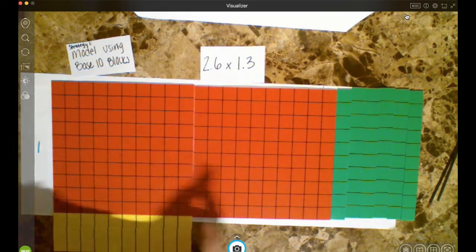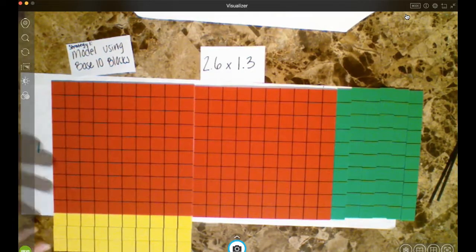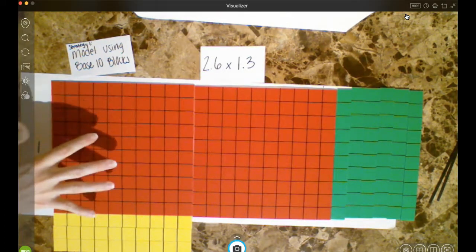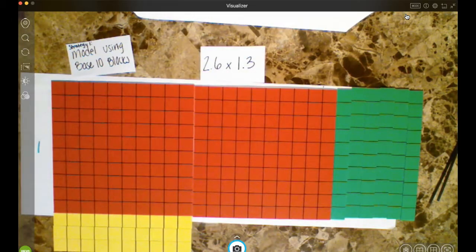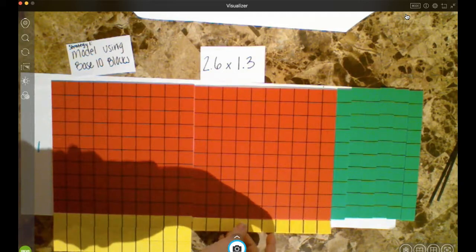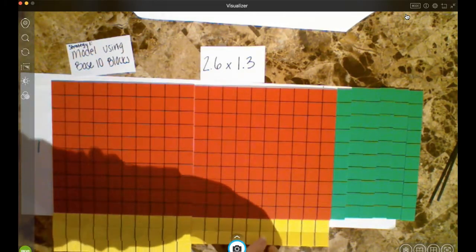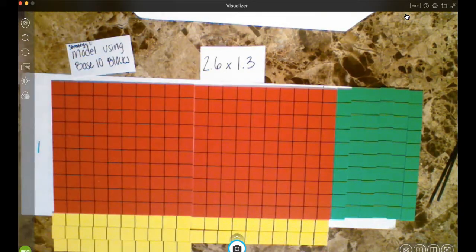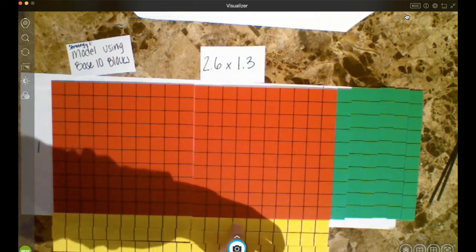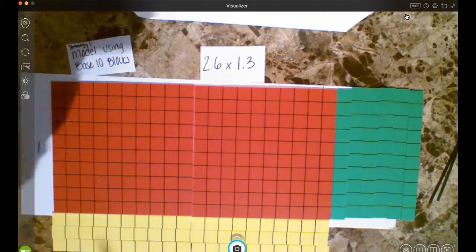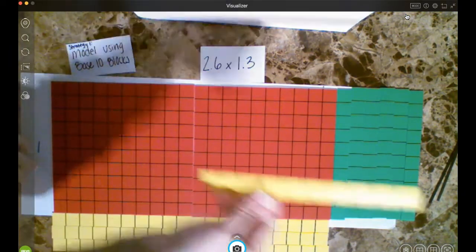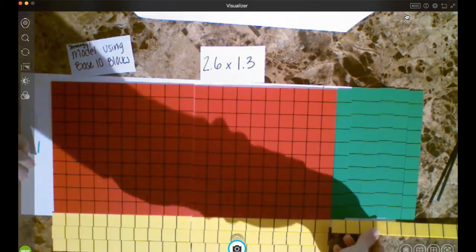But we need to complete the array. We can't just do a little bit of it because we're multiplying here. So we're multiplying 1.3 to 2.6. So I'm going to go ahead and fill in the rest of the array here. Now, before I continue, if you take note, if I try to use 1/10 here, what happens?